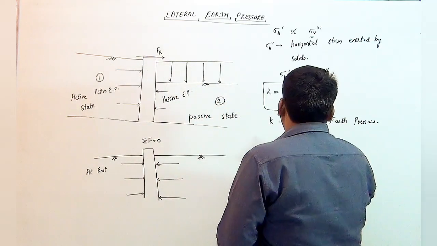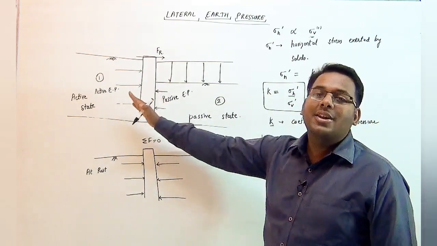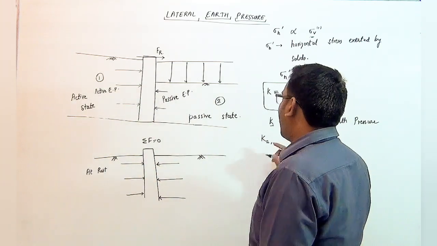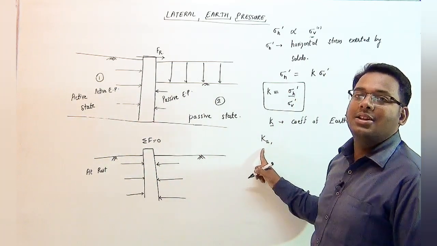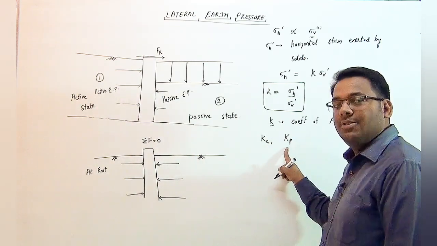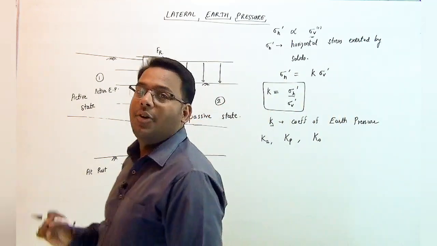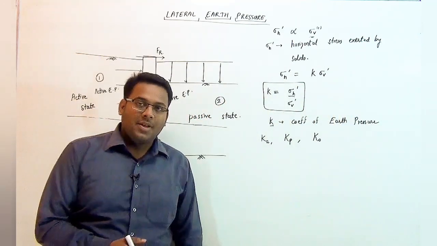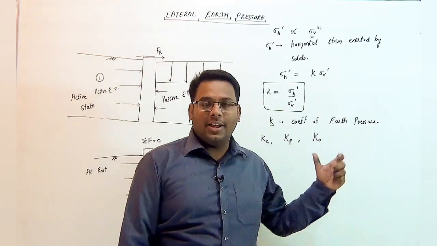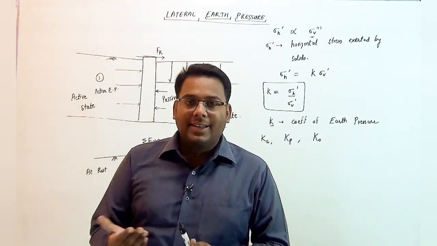So this particular K depends upon the type of state in which the soil is present. It can be written as the coefficient of active earth pressure in the case of active soil, as the coefficient of passive earth pressure, or as the coefficient of earth pressure at rest. And depending upon the values of these Ka, Kp and K0, the value of earth pressure will vary in the different cases.